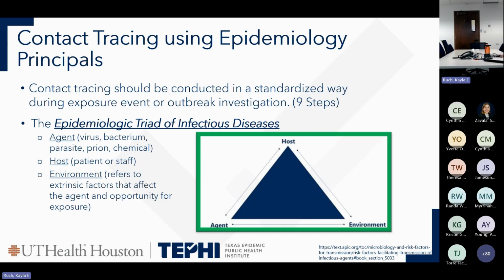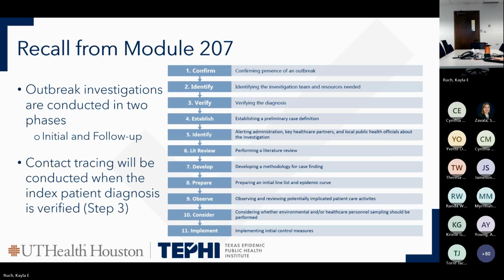So if you recall from last module, 207, called outbreak, we went over in detail the 11 steps for the initial part of the outbreak investigation and then the 5 post steps of the follow-up of an outbreak investigation.